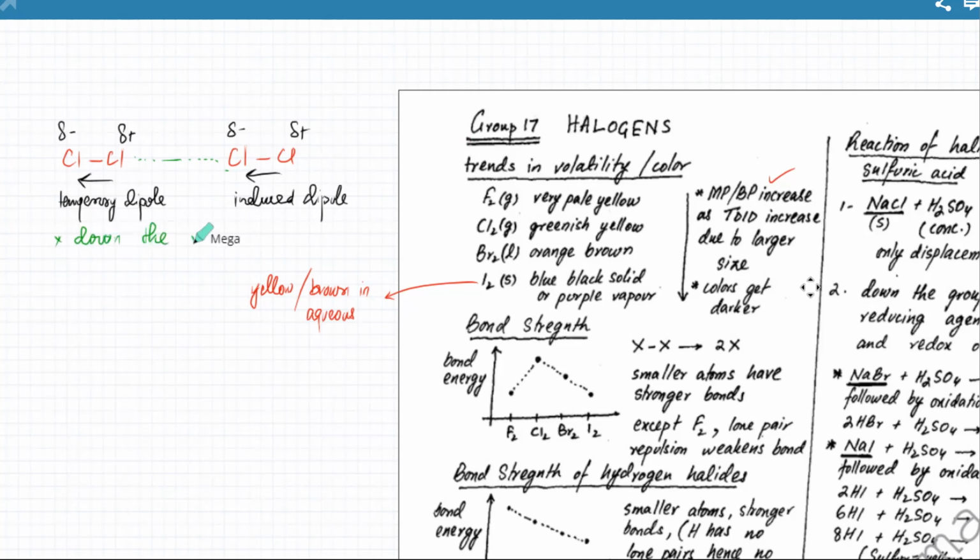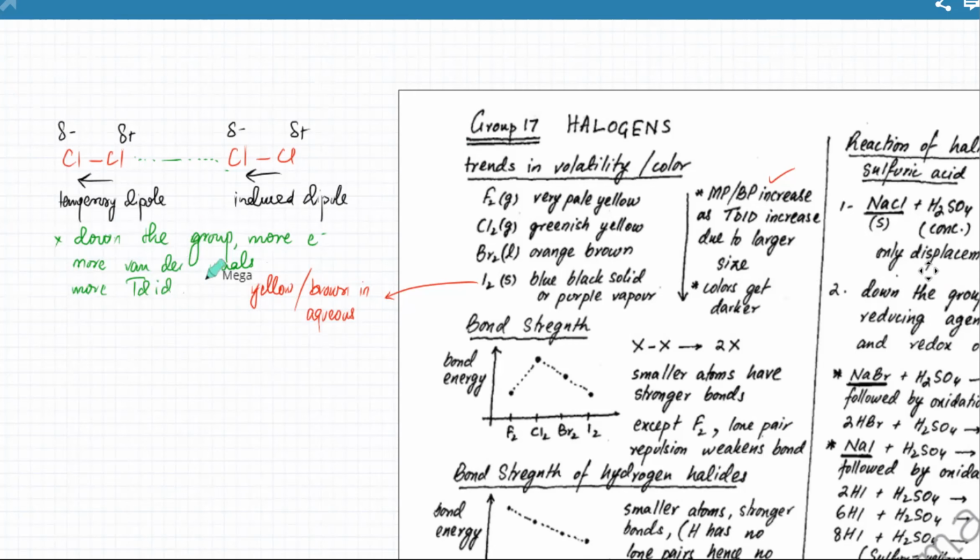So down the group, you've got more electrons, and there's going to be more van der Waals forces and more TDID forces, temporary dipole induced dipole forces.